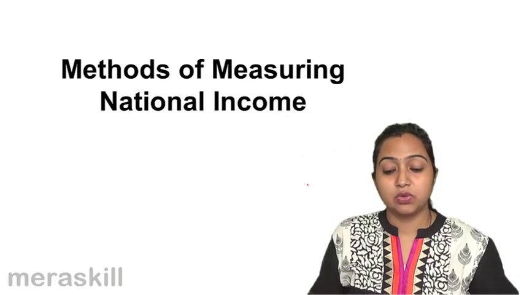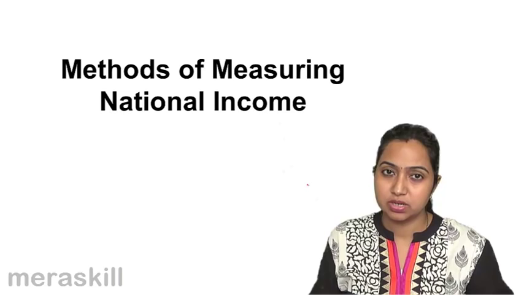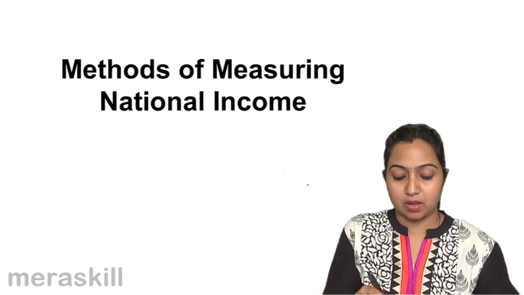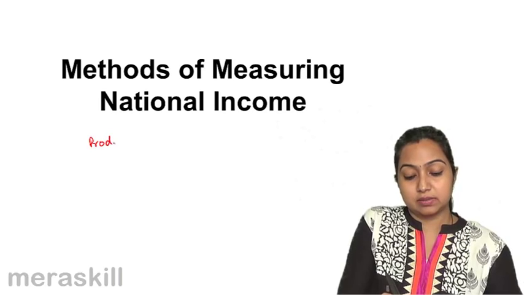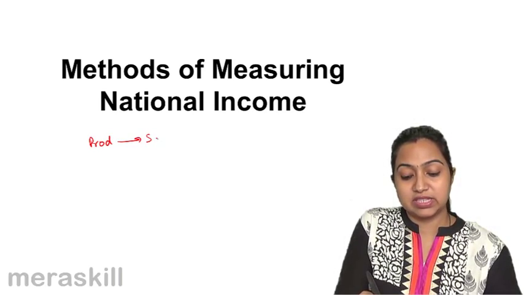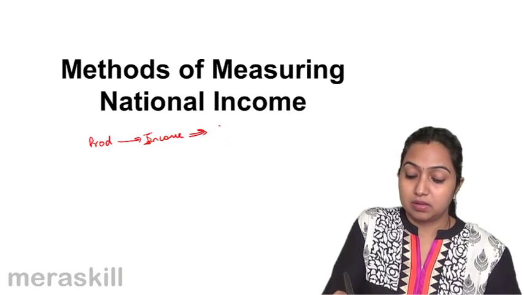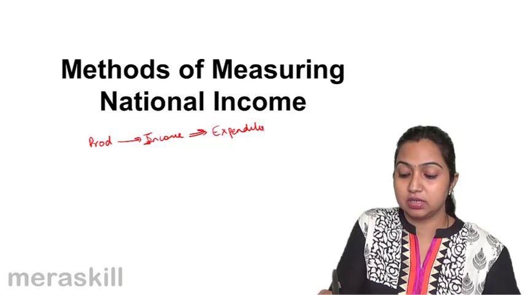Now we'll study the methods of measuring national income, how we can measure national income. Production of goods and services, sale of goods and services, and the income generated from it, and the expenditure incurred.